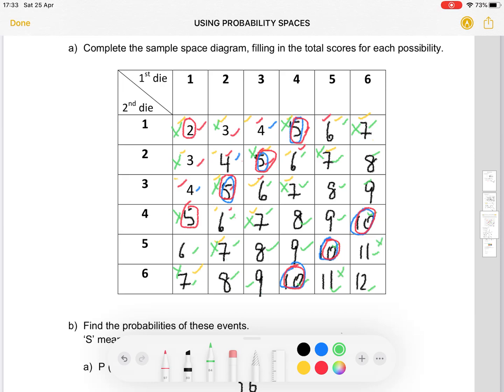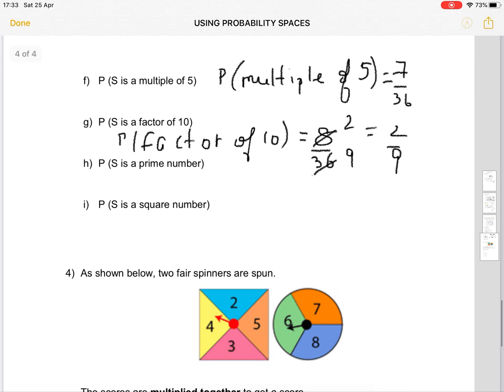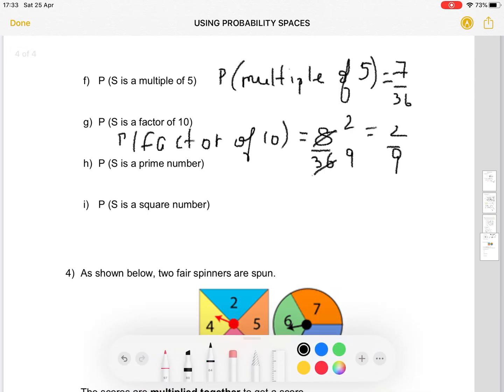Let's count all the green crosses: 1, 2, 3, 4, 5, 6, 7, 8, 9, 10, 11, 12, 13, 14, 15. 15 on 36. Probability prime is 15 on 36, which can be simplified with the 3. 3 into 15 goes 5, 3 into 36 goes 12.